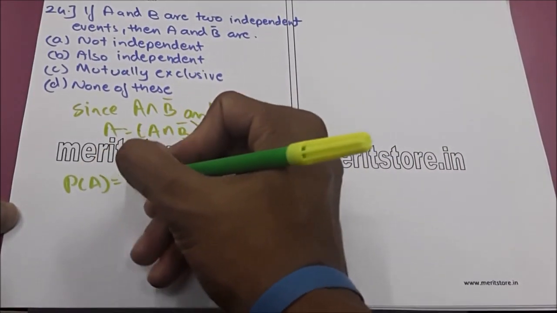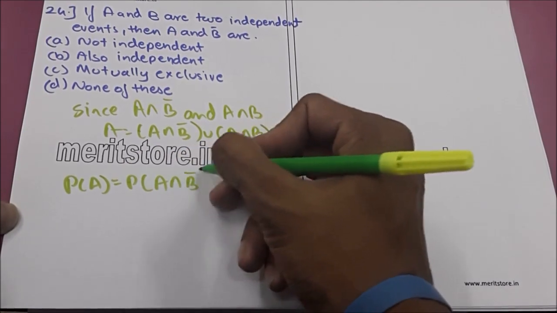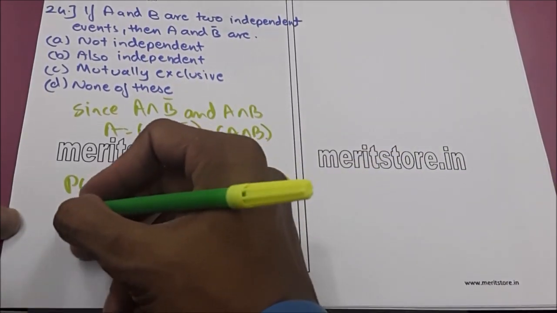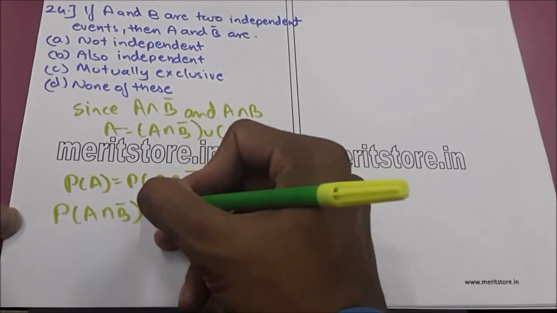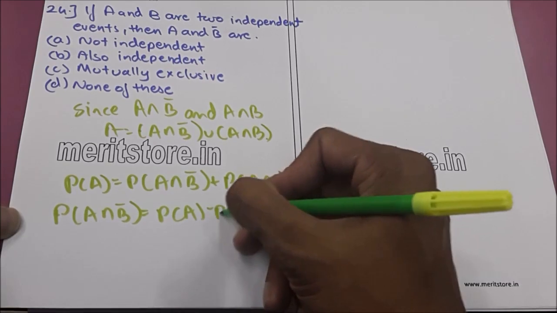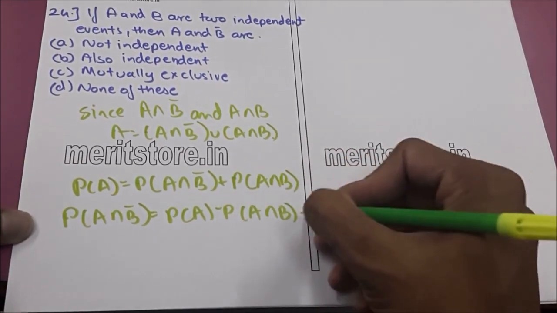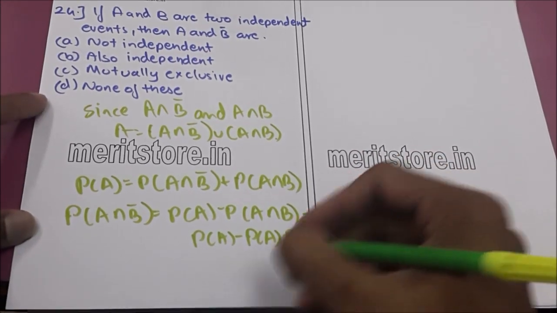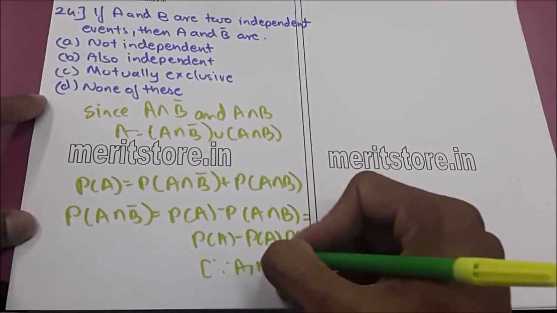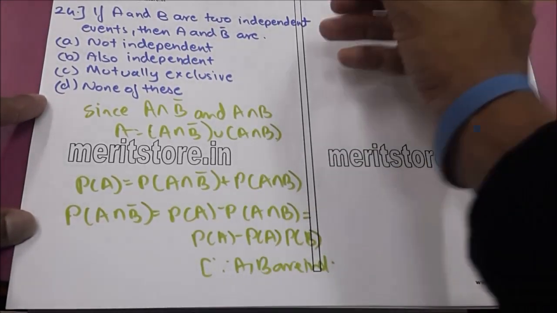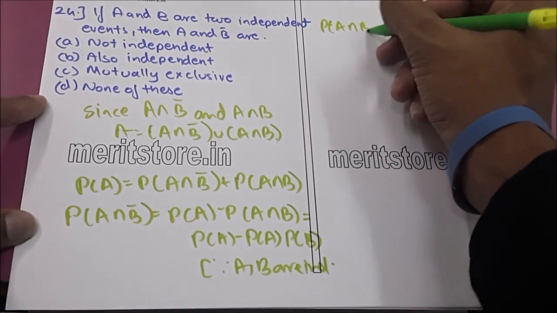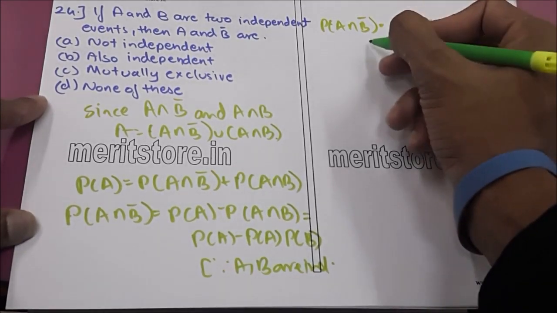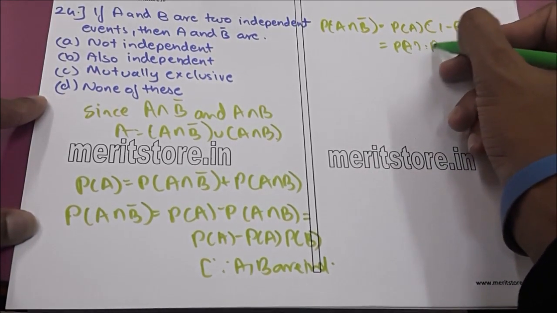Therefore, probability of A is equal to probability of A intersection B bar plus probability of A intersection B, that is probability of A intersection B bar equal to probability of A minus probability of A intersection B, which is equal to probability of A minus probability of A into probability of B. Since we see that A and B are independent, therefore probability of A intersection B bar equal to probability of A into 1 minus probability of B, which is equal to probability of A into probability of B bar.